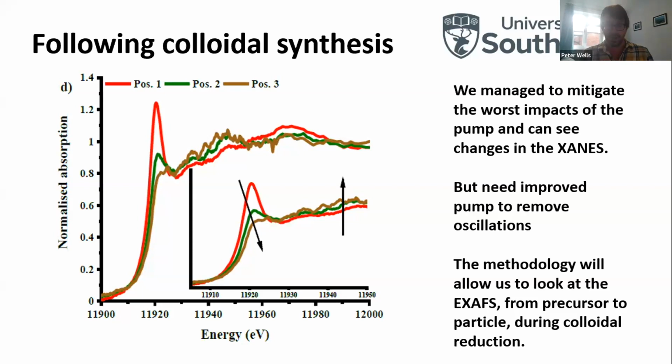So this setup works, providing we can get the right pump, which pumps do exist. And this will actually enable us to follow those very early stages of nucleation and actually get EXAFS data and try and understand the structural events that are taking place. So it's not complete success there, but we definitely made really good strides to understand those initial steps of nanoparticle formation through colloidal methods.